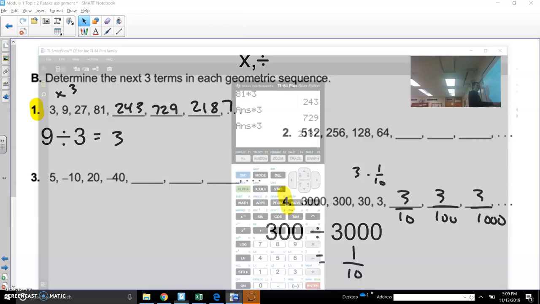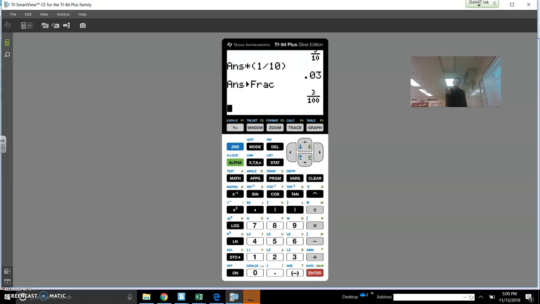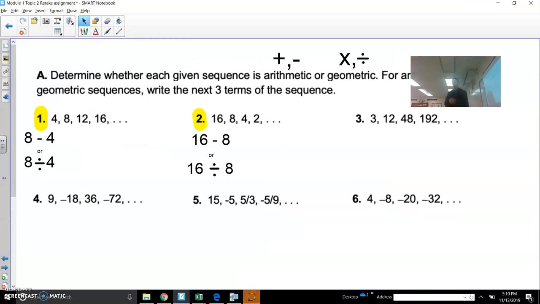So if you don't like that, we could multiply 3 times a tenth in the calculator and just make sure that you are changing that to a fraction that's in simplest form. Let's multiply that by a tenth and just keep seeing what I'm talking about. When you're multiplying by a tenth, that denominator is what's getting multiplied by 10 over and over and over. So try the other ones I didn't do and check your work with your teacher.